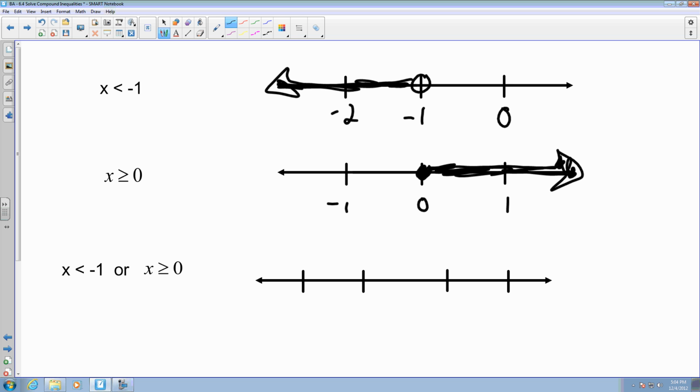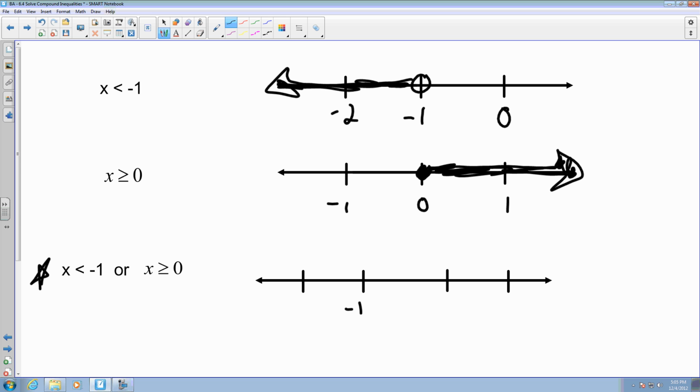So you get a statement that looks very similar to this, which is an or statement. You'll have, I want to find the value of x that's less than -1, or x is greater than or equal to 0.